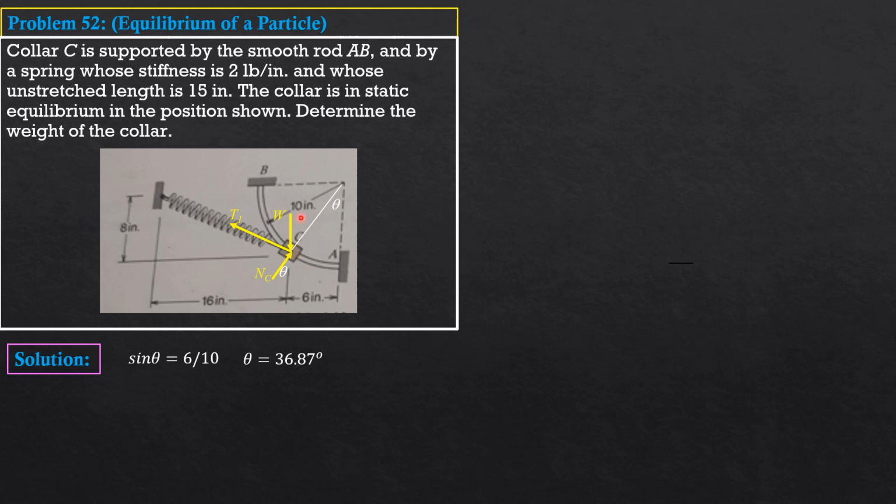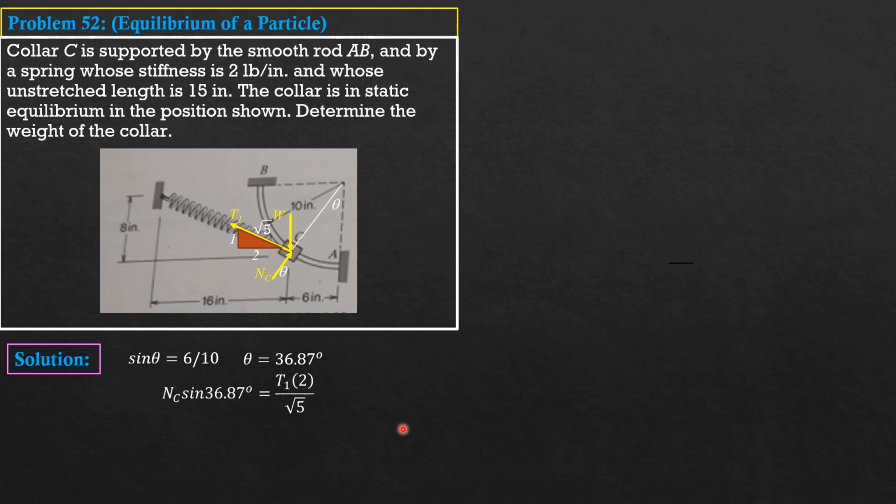So for the free body diagram of collar C, summation forces horizontal equals 0. The slope of T1 is 8 over 16, so that's 1 over 2 reduced, then square root of 5 hypotenuse. Summation forces horizontal: N_C sine of theta, 36.87 degrees, equals T1 times 2 over square root of 5.